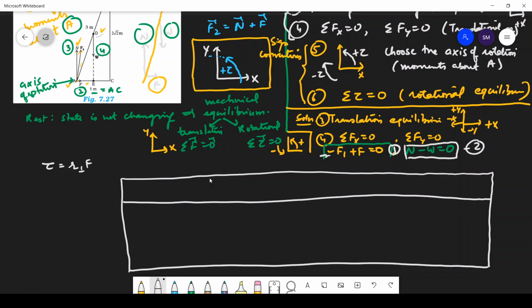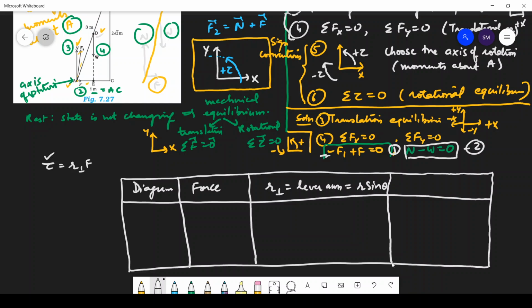So what do we have here? We need to find this tau. First thing you can do is make a diagram of this particular case. Now you have to write the force, and then write the perpendicular distance, that is your lever arm, or r sine theta, and then multiply. For a particular case, this is the force F, suppose this is r perpendicular, so F into r perpendicular, that is your tau.